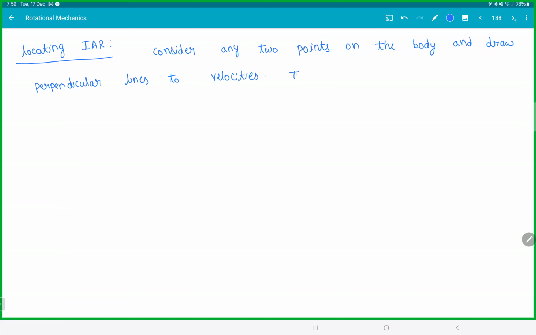The point of intersection is the IAR. Because you said about IAR, everyone is going in a circle. So if I take 2 points, these 2 points will go in two concentric circles. For these two circles, if I draw normals, they should meet at the center. That is the IAR. Is that making sense? The point of intersection is IAR.